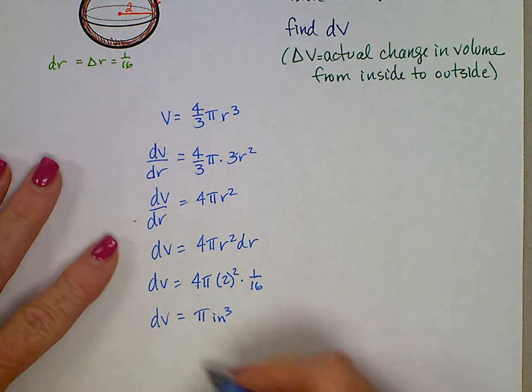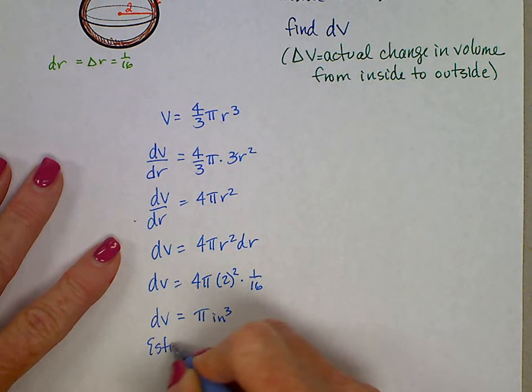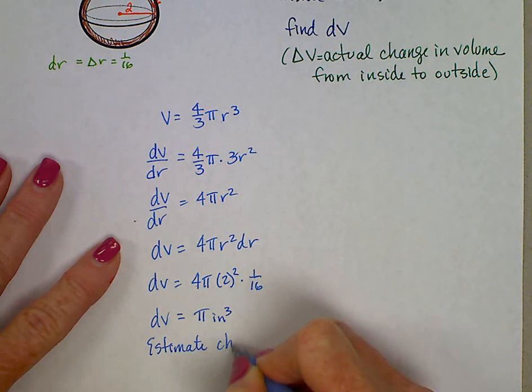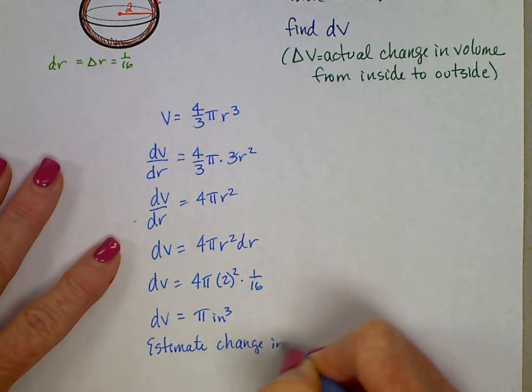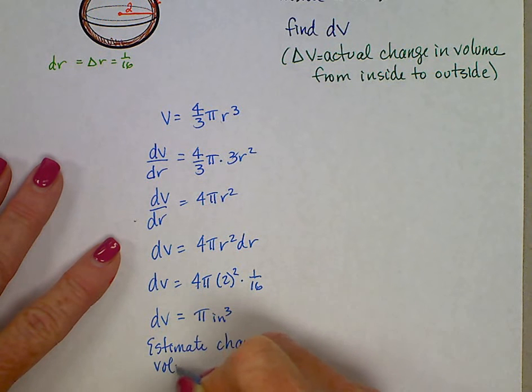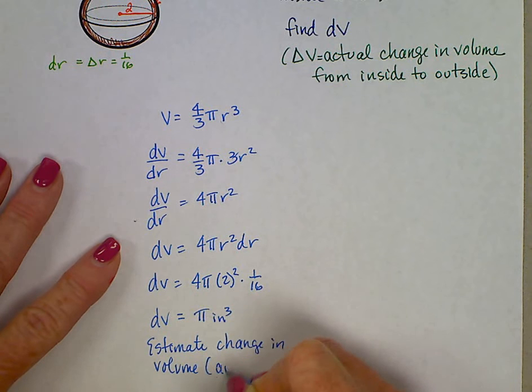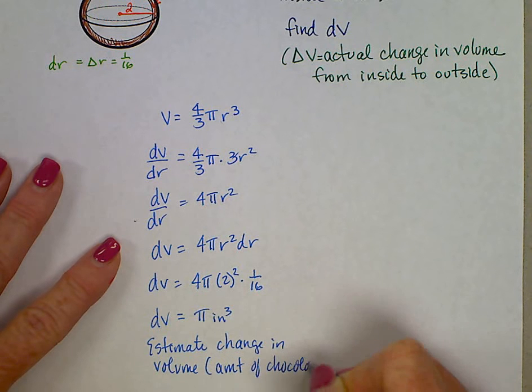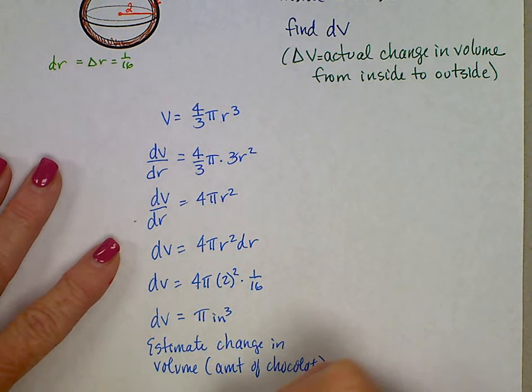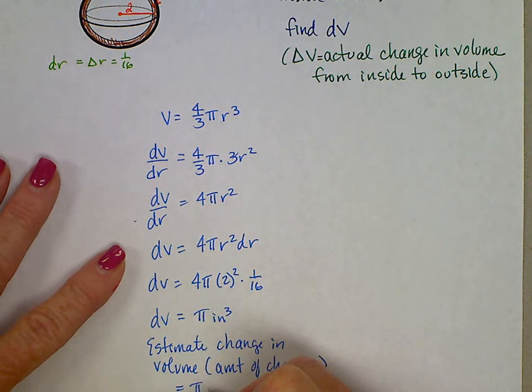So the estimated change in volume, which is the amount of chocolate, is pi inches cubed.